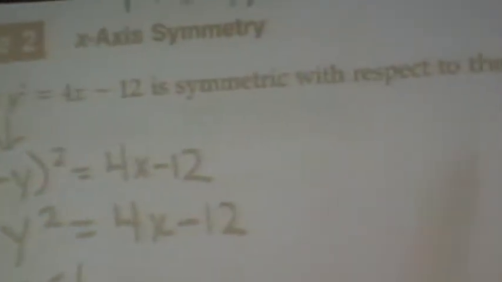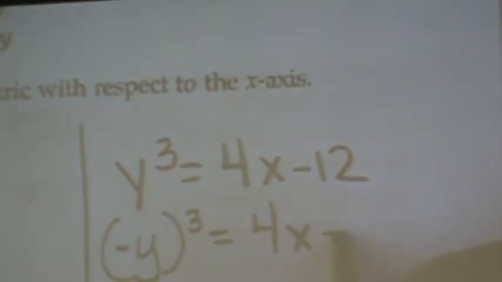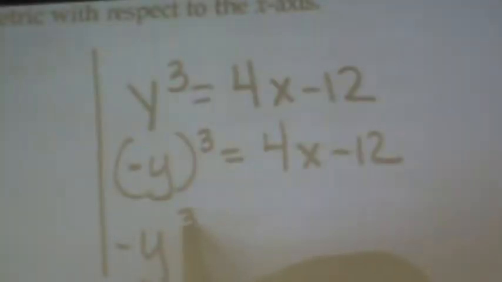Let me show you one that doesn't. Here would be an example. If we replaced y with negative y here, this is what you get. And you simplify this, this is going to still stay negative y to the third.